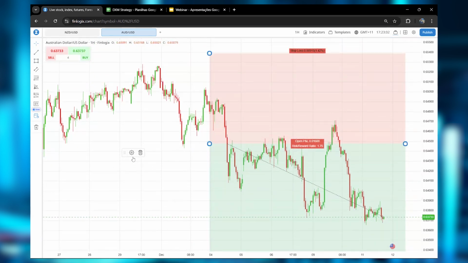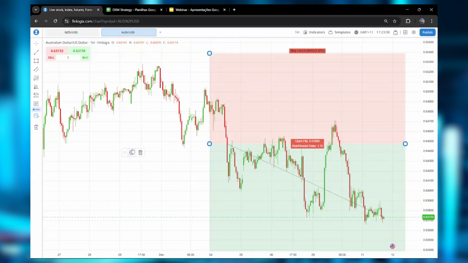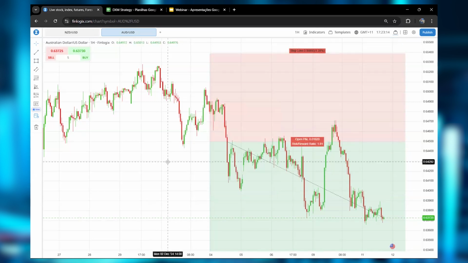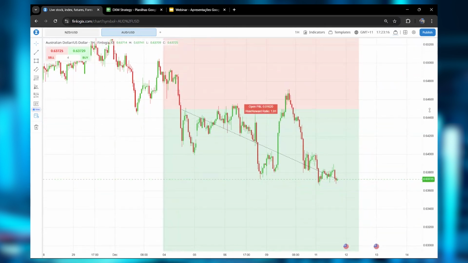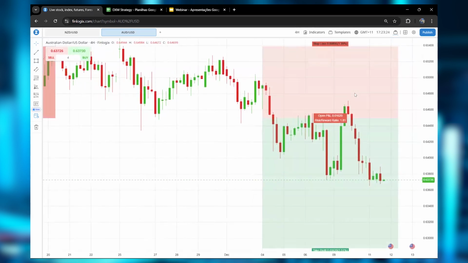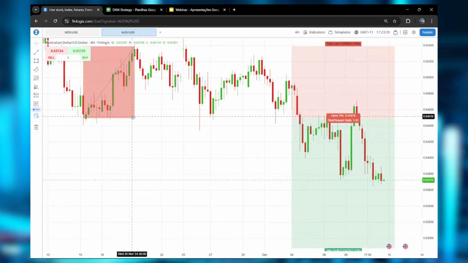Sorry, let me just bring the entry price again. Yeah, so that's a 128 trade. We're still running pretty good, and exceptionally better after we had, what is this one doing here?